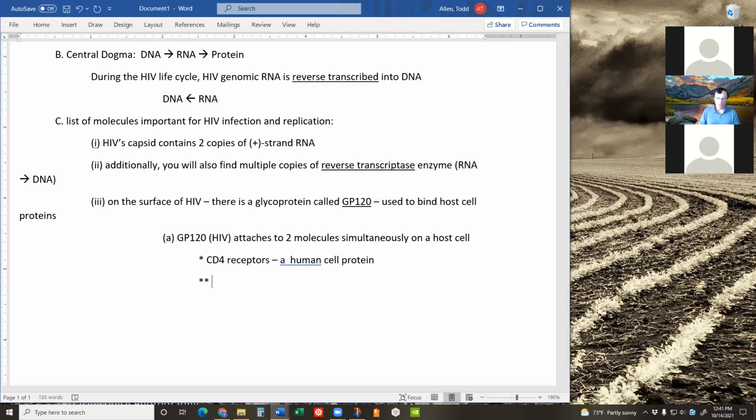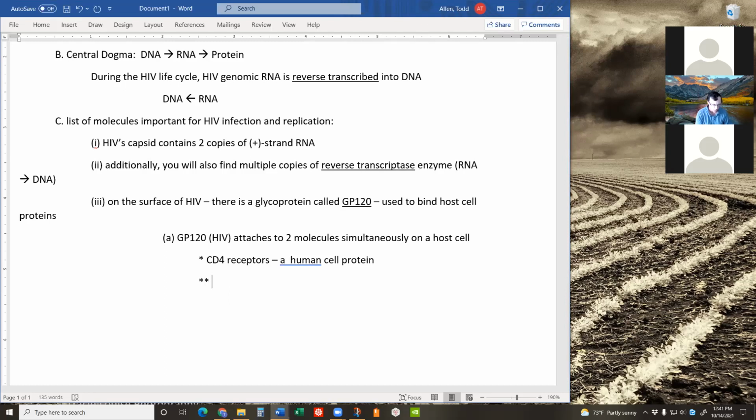The second molecule that GP120 will attach to will be one of two possible molecules. If HIV infects macrophages, which you remember are a type of white blood cell, a defense cell that can perform phagocytosis, then the additional molecule is going to be a protein called CCR5.